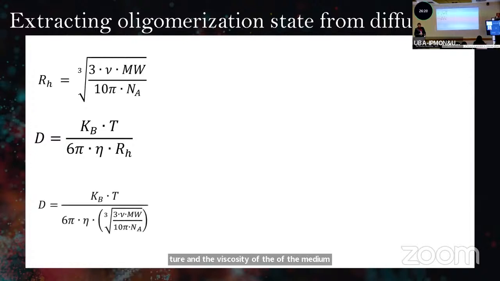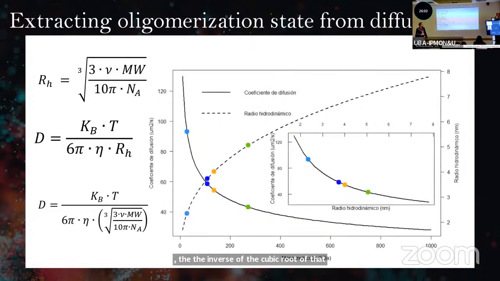Now, if we substitute one with the other, you can see that if the molecular weight doubles, only the inverse of the cubic root of that number will scale with it. And we can see in this relationship how the diffusion coefficient depends on the molecular weight.